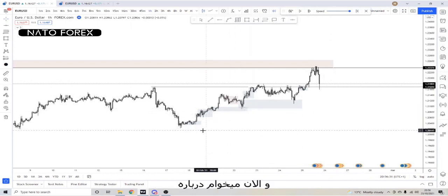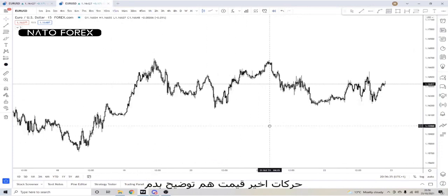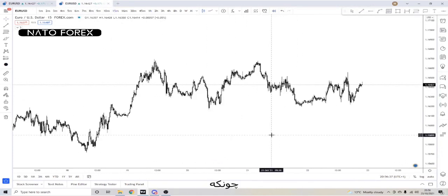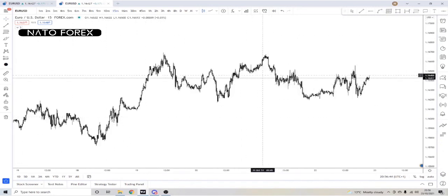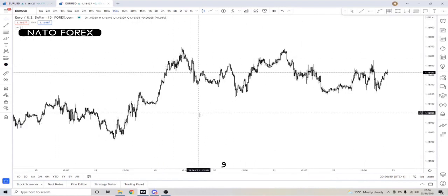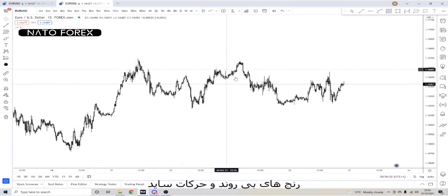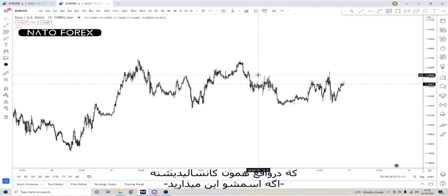But I do also want to dive into a bit of recent price action as well because it's important to understand. Now, we can see this bit of price action here. Obviously, we was talking about ranges back then, and I just want to talk more about sideways ranges or consolidation, if you want to call it that.